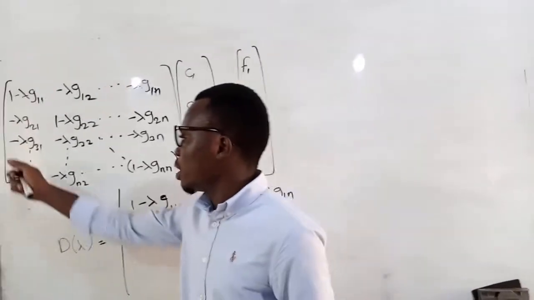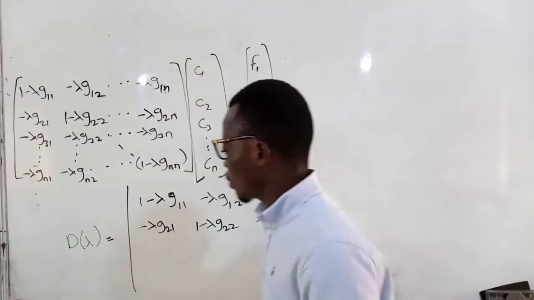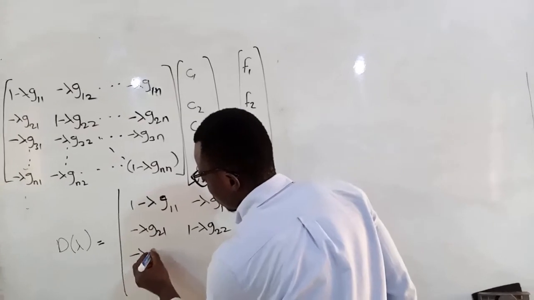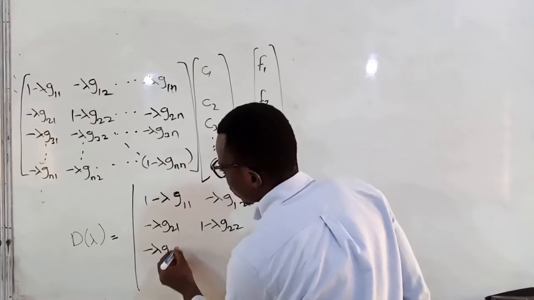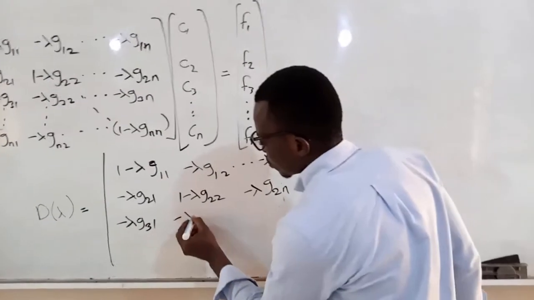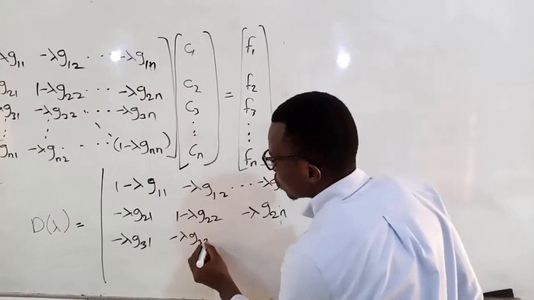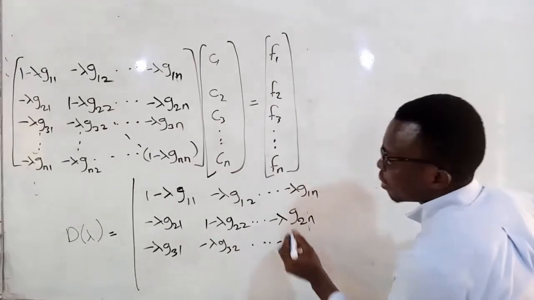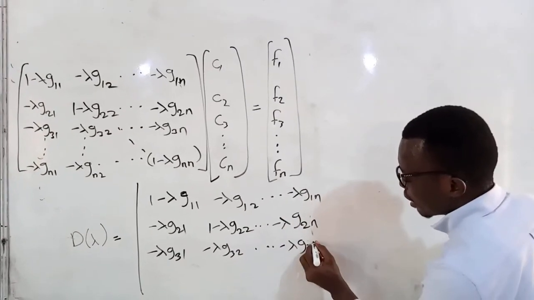And here we have minus lambda j31. The next entry becomes minus lambda j32, up to minus lambda j3n.